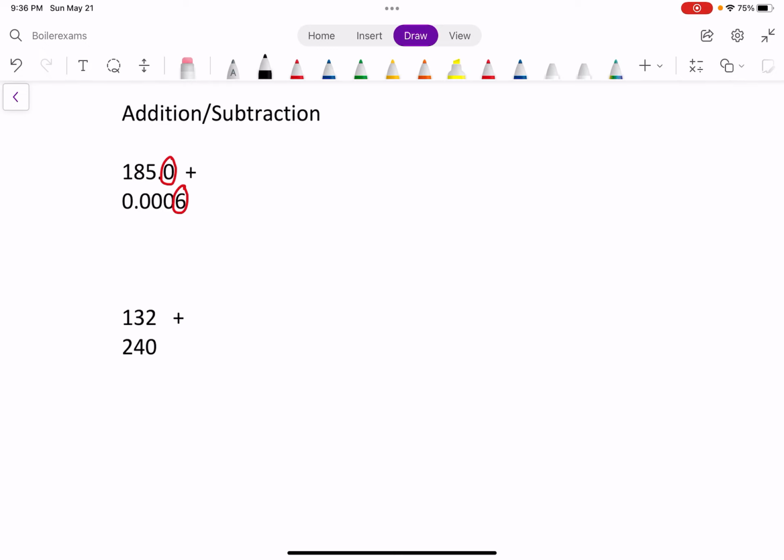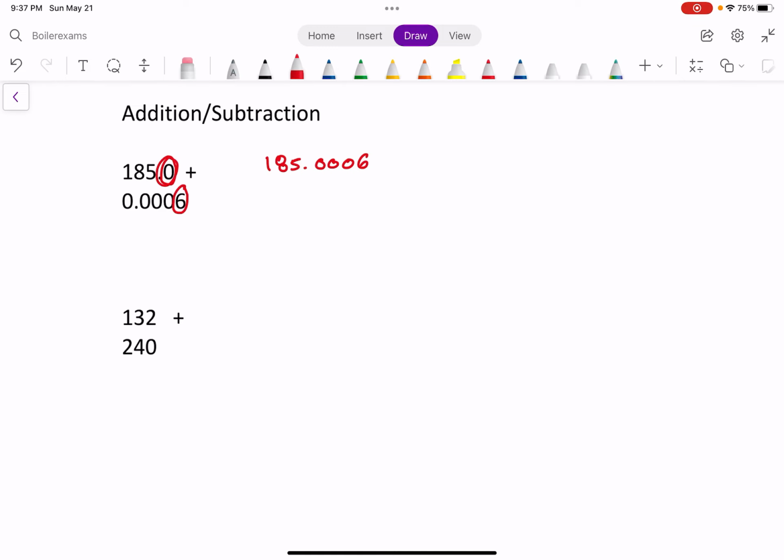So first, what is our answer? Our answer would be 185.0006. And we're going to round this number to the least precise decimal position. So let's see, which one, 0 or 6, is less precise? This 0 is in the 10th position. It's the first number after the decimal point, and this 6 is in the 4th position after the decimal point, which means it's in the 10,000th position.